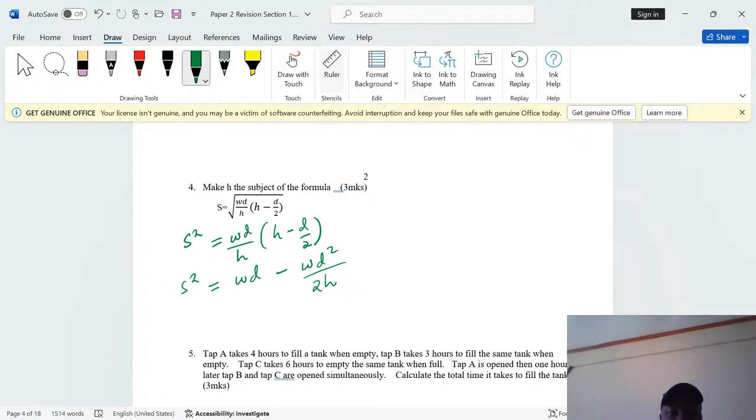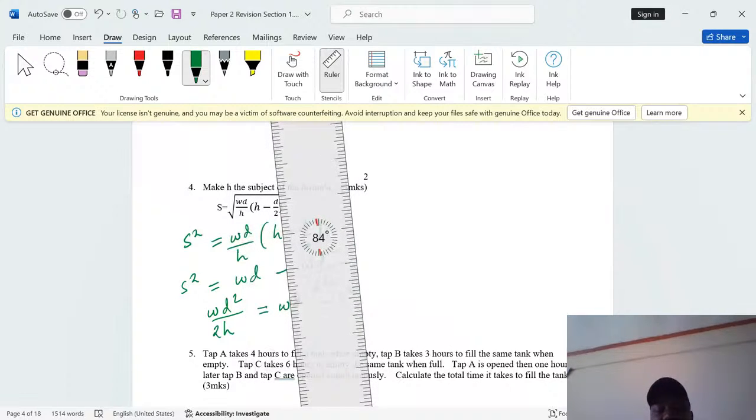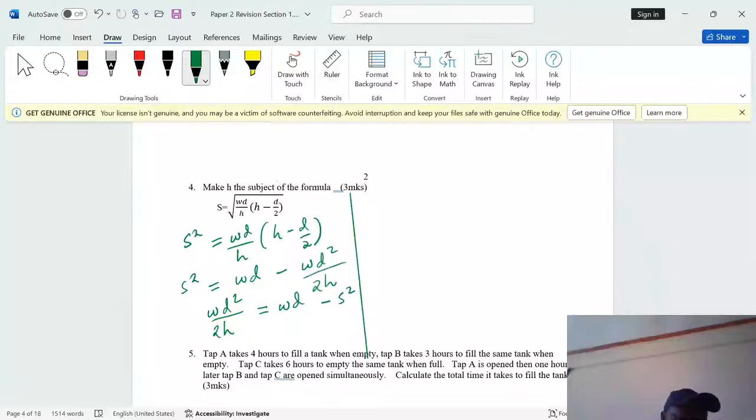At this point now, we can have the terms with H, because it is H which is being made the subject. We can have it starting the equation on this side, WD squared out of 2H equals WD minus S squared. We can continue rearranging our terms.